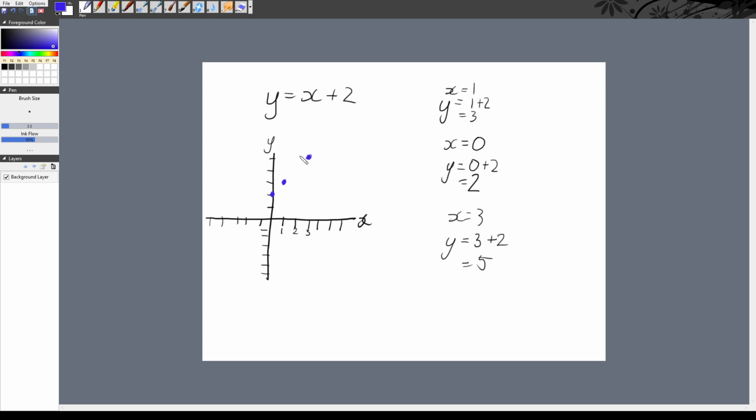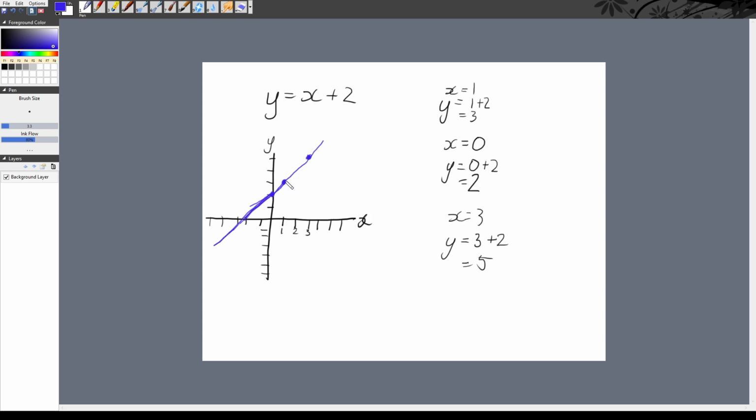Now I could do this for every single number, but that would take forever. So instead, I have my 3 points. Now we can see that these are a pattern. They're all in line. If I was to draw a line, it goes up, and then this will go down through here.